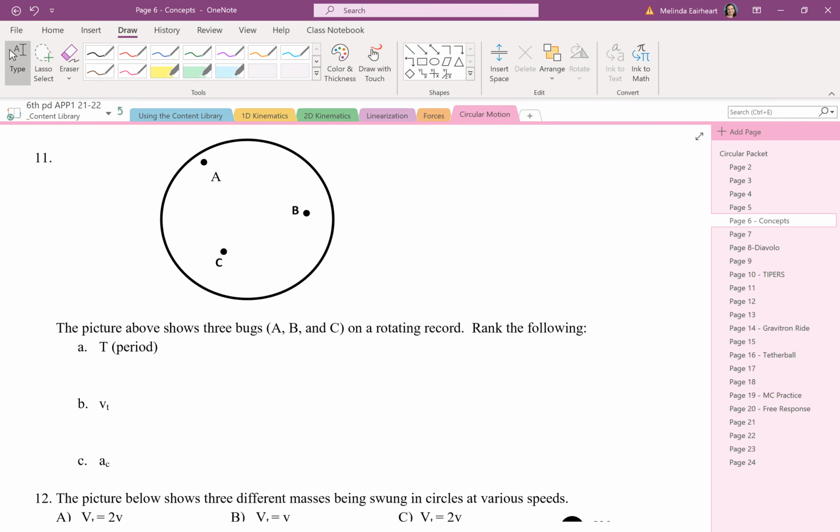And we said circumference over period, the time for that circle, is going to be different depending on where you are, yes? Okay. And so whether it's Santa on a platform, you on a merry-go-round, or 3 bugs on a rotating record, it's all the same thing, okay? And so let's work through number 11.